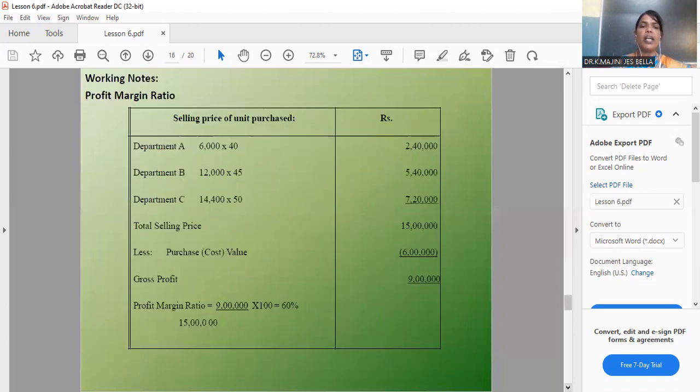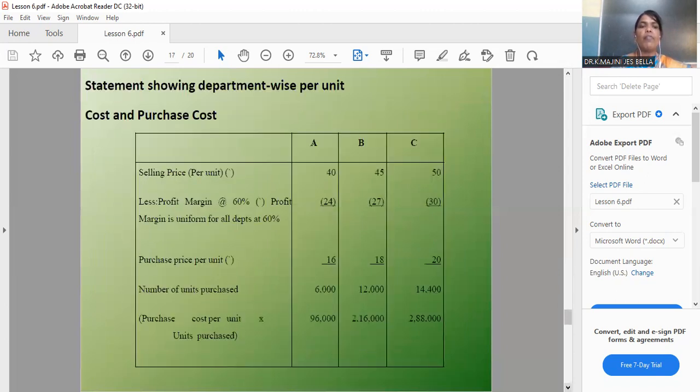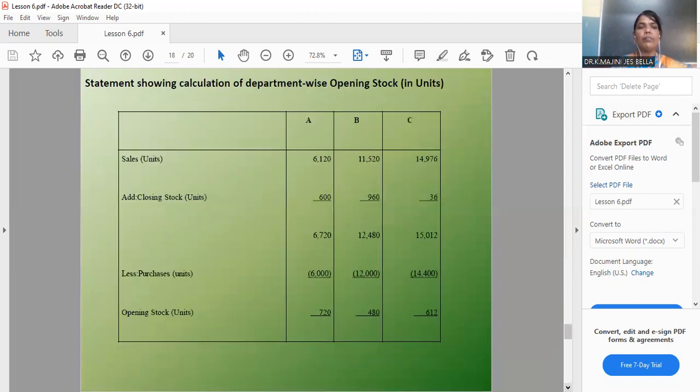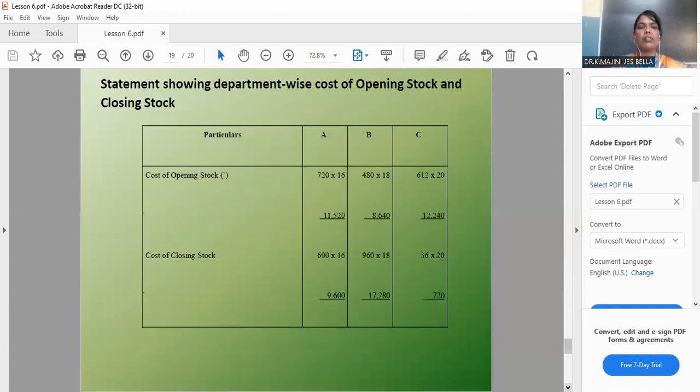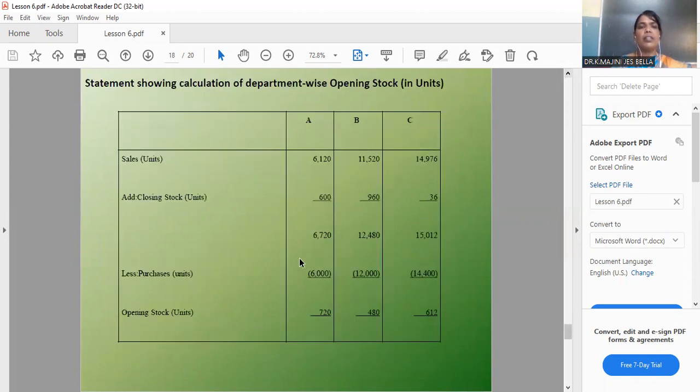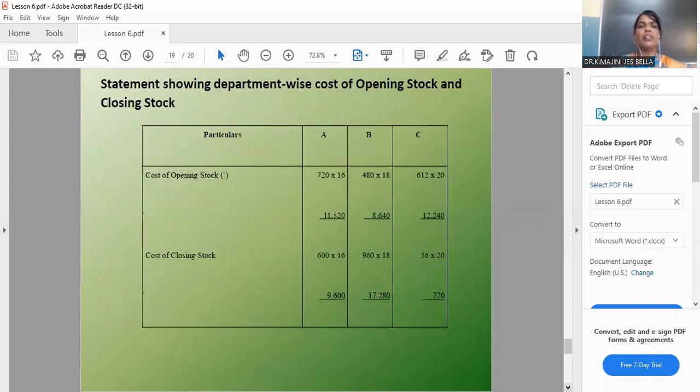Closing stock, we have to find out the cost of closing stock. The closing stock units they have given in the question.